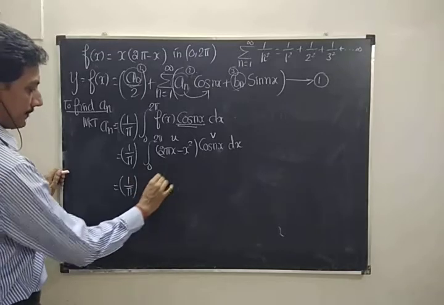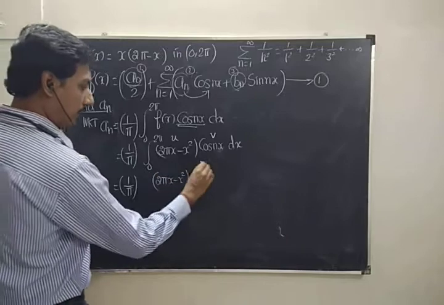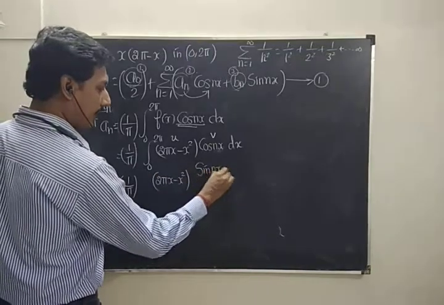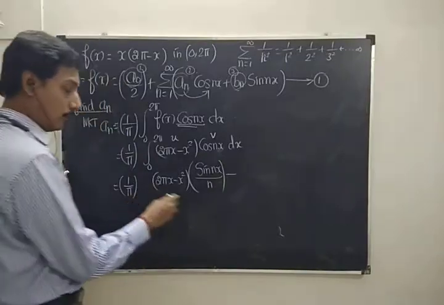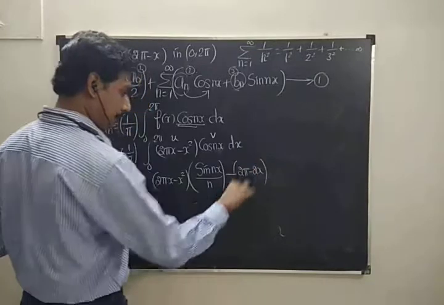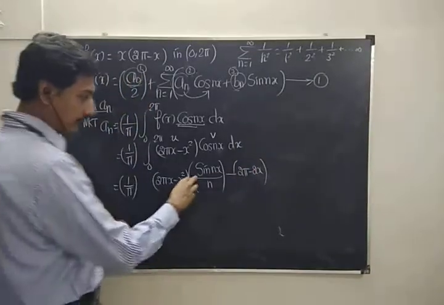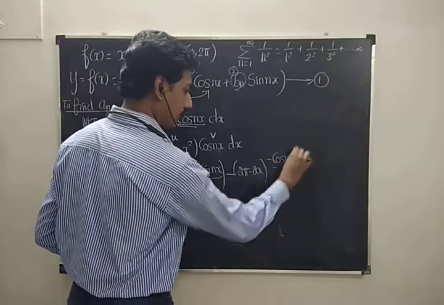1 by pi, u, v1, sin nx by n, minus, differentiation of 2 pi x minus x square, which is 2 pi minus 2x, and the integration of sin is minus cos nx by n square.